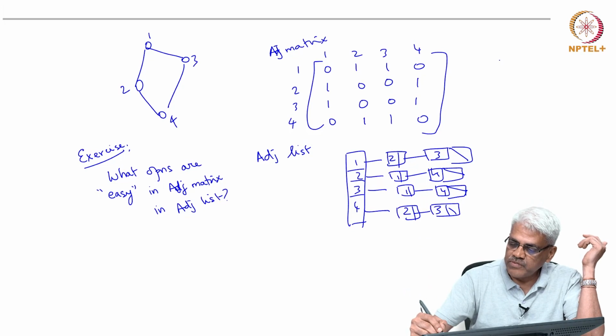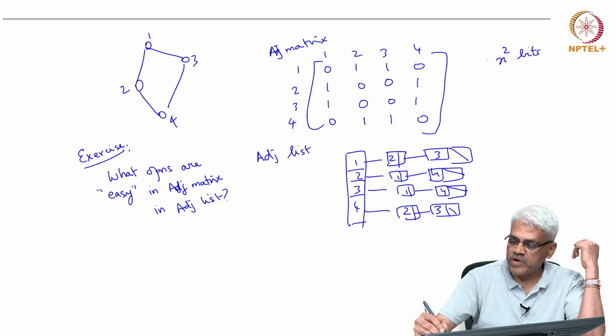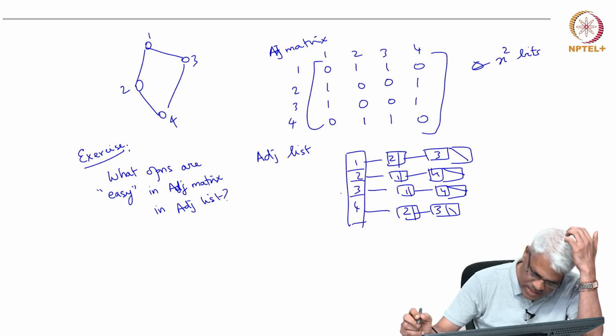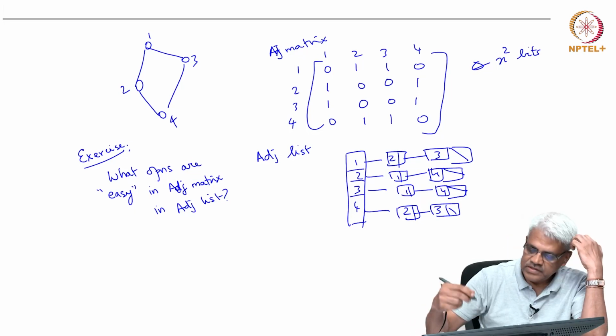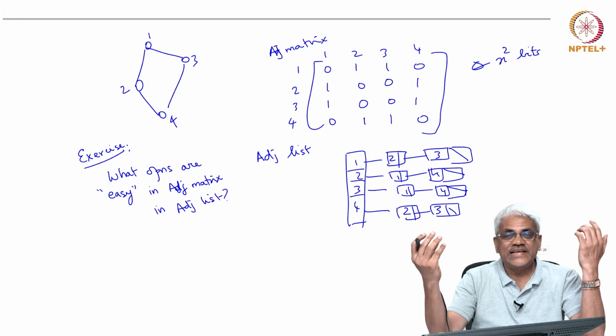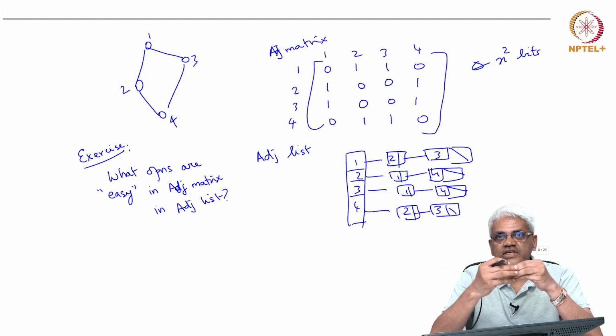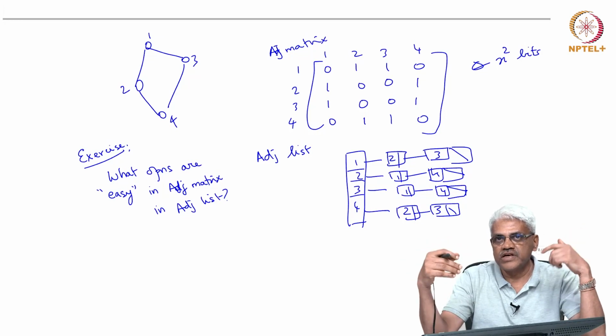For example, the matrix takes n square bits because it's an n by n matrix, so in terms of space, whereas here it will be n entries and each entry will have as many cells as the degree of that vertex. If it's adjacent to 5 guys, then it will be a list of size 5.